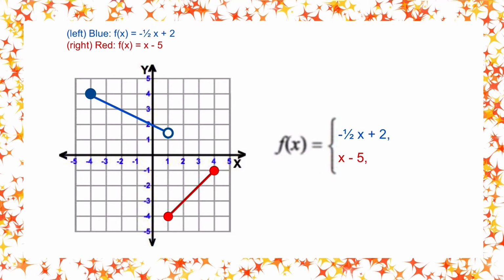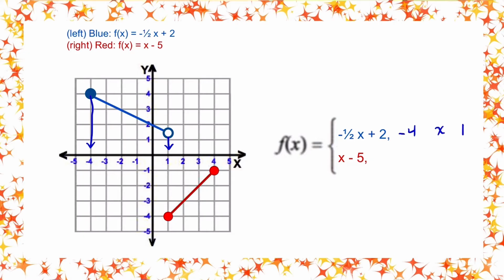I have two different domains for each function. Let's pretend for a second that the red function doesn't even exist. Let's just look at the blue. So what would be my domain for this blue without thinking about inequalities? Just where's the start, where's the stop? So for the blue, it starts at -4, and then I always include x for domain, and then it stops at 1.